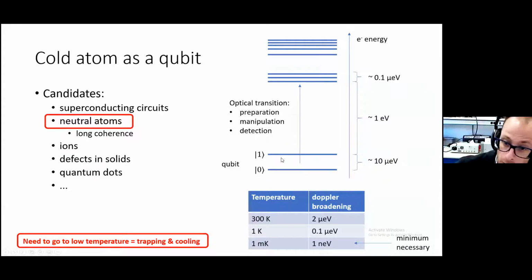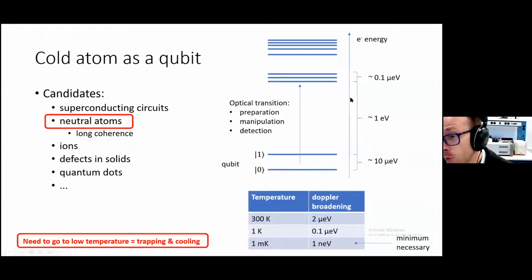And in order to prepare, manipulate, and detect this qubit, we need to go through an optical transition that couples its ground state to an excited state manifold here. And these are the typical energy scales that we have.